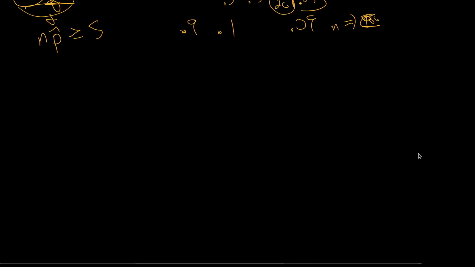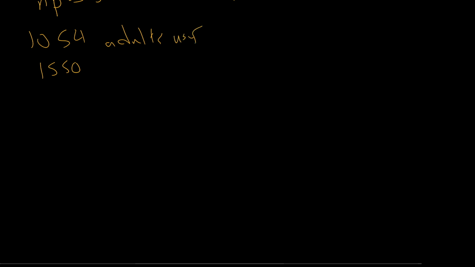So if we go back to the statistics we did with 1054 adults, let me scroll up. 1054 adults, and 1550 was on the survey. So 1550, I'm going to use FB, and this was how many were surveyed.